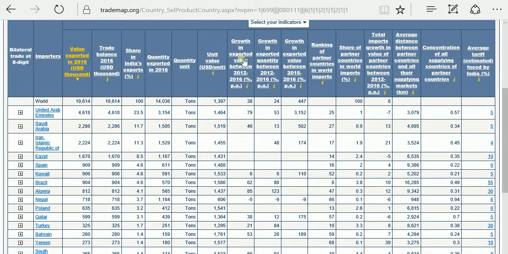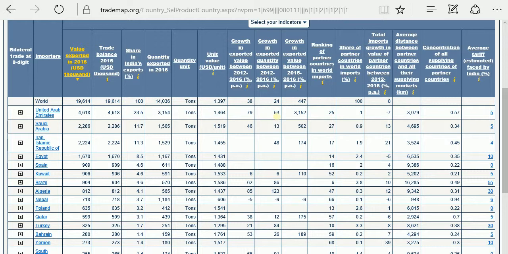Growth in exported value between 2012 to 2016 in percentage. So, this shows the US dollars worth of a particular product's exports from a country to a partner country. Here, UAE shows a very good positive value, that is 75%. If the value is between 2 to 3%, you can consider that market. In this case, 79% is a good range.